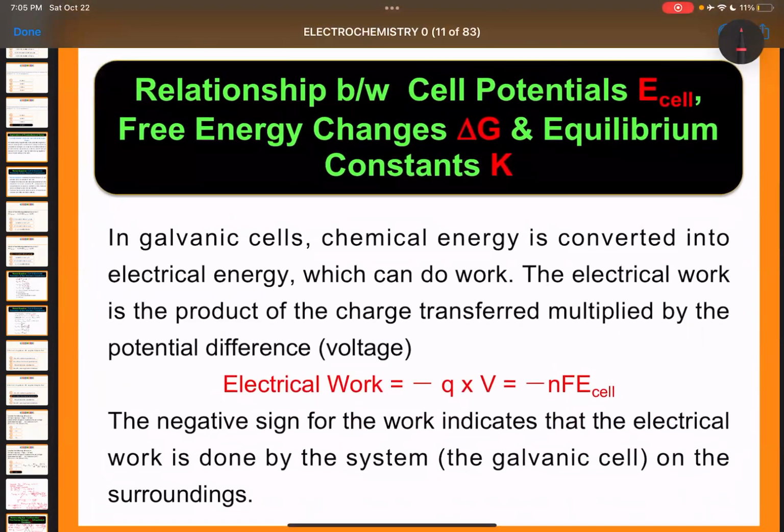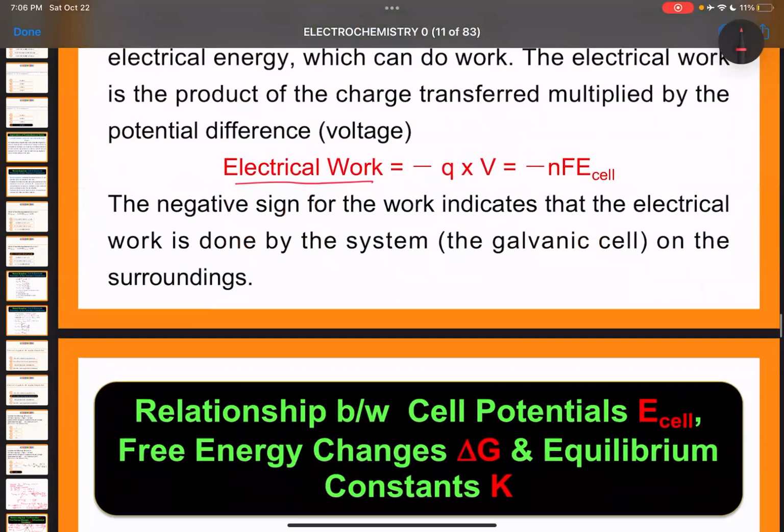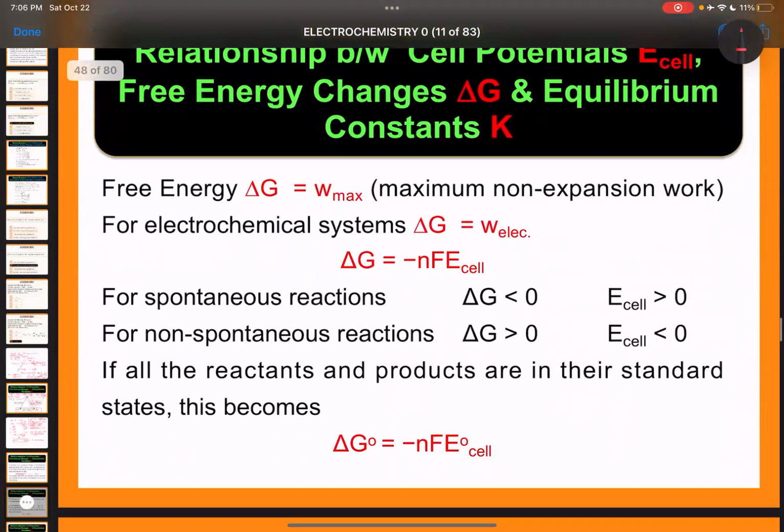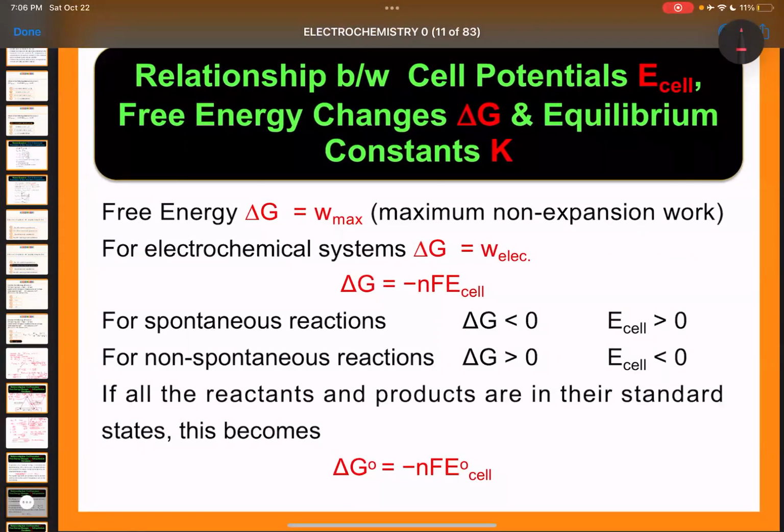So electrical work is the work done by the cell. Okay, and it is minus nFE cell. That we already discussed. Any doubt in this? Just have a look. E cell positive, Gibbs free energy change negative, the cell reaction is going to work.